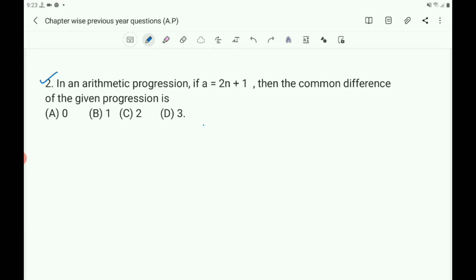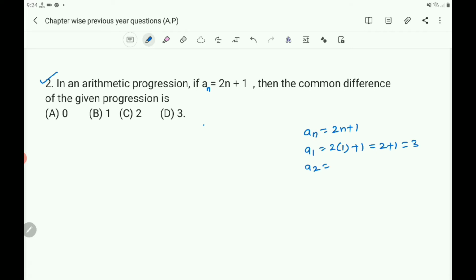Common difference means we need A1 and A2. Here it is given an is equal to 2n plus 1. To find the common difference, we need two consecutive terms. So let us find A1 and A2. A1 equals 2 into 1 plus 1, that equals 2 plus 1 equals 3.